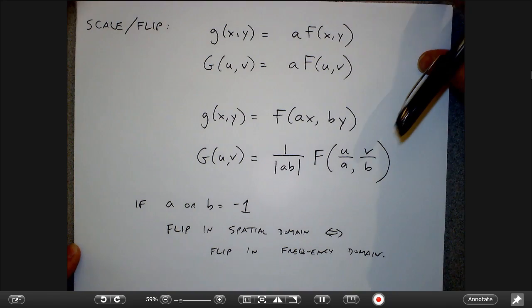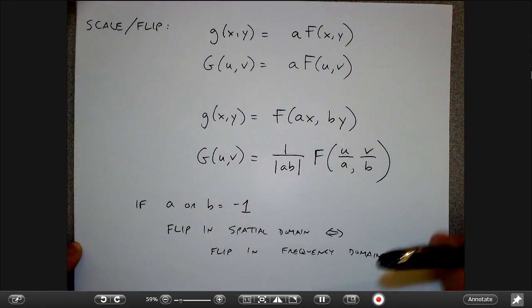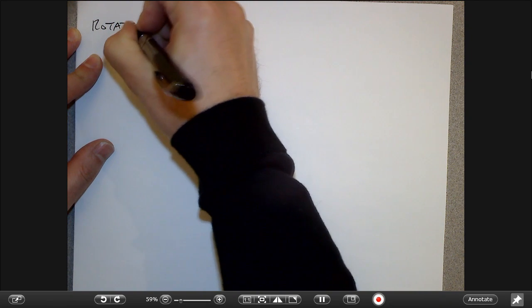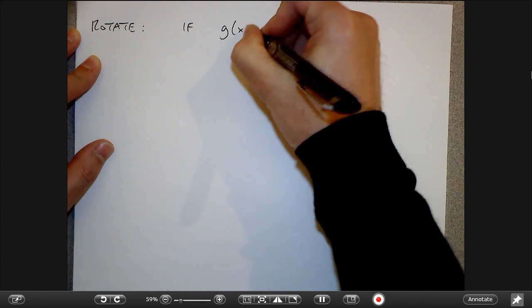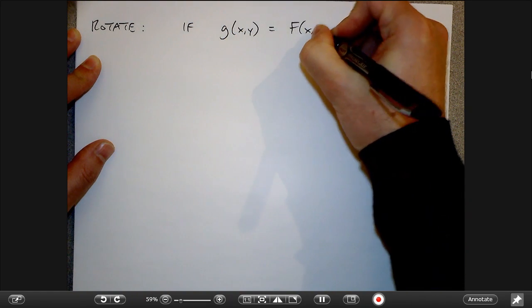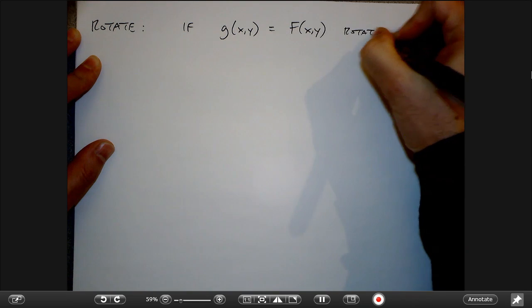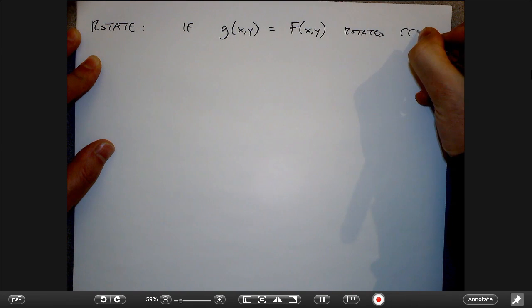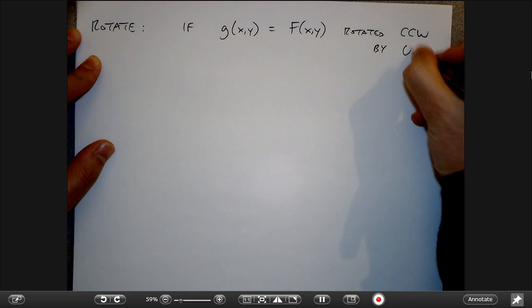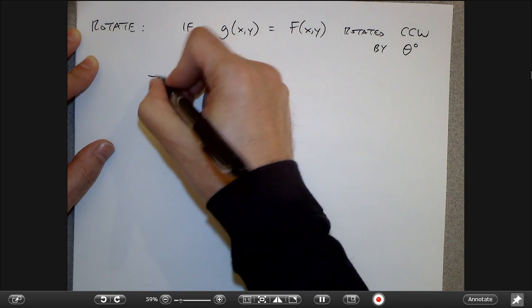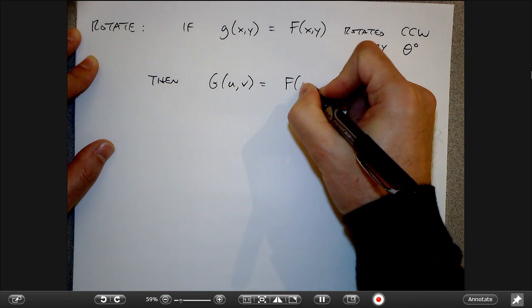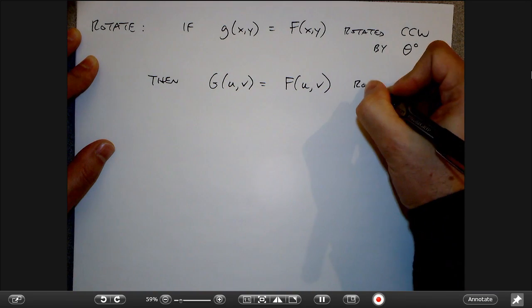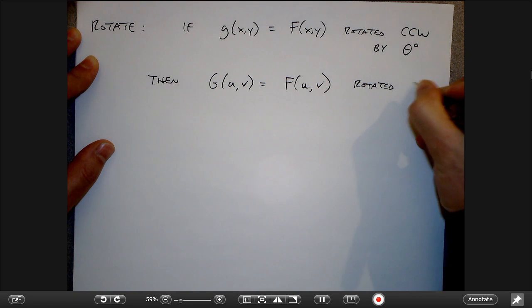And another one is rotation. So if I rotate the image, so if I say that g of xy is equal to f of xy rotated counterclockwise by theta degrees, then the Fourier transform is the same as the Fourier transform of the old image, also rotated by the same amount.